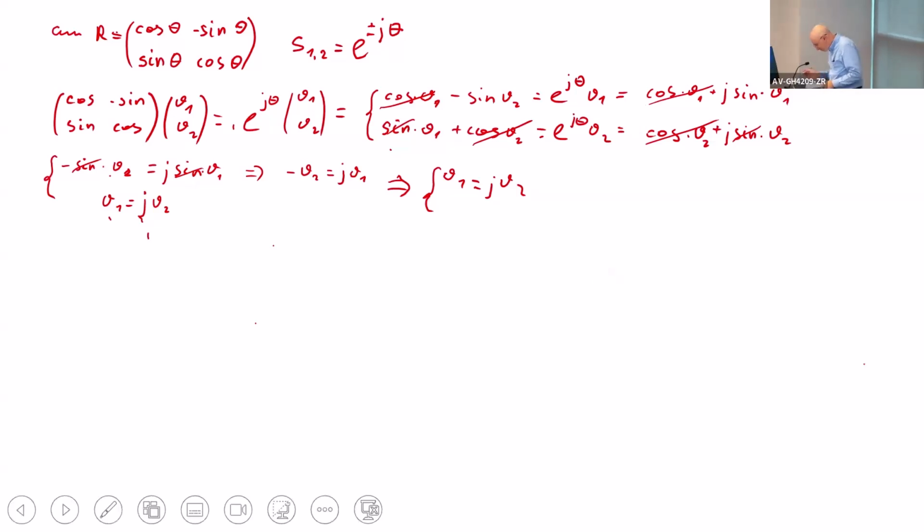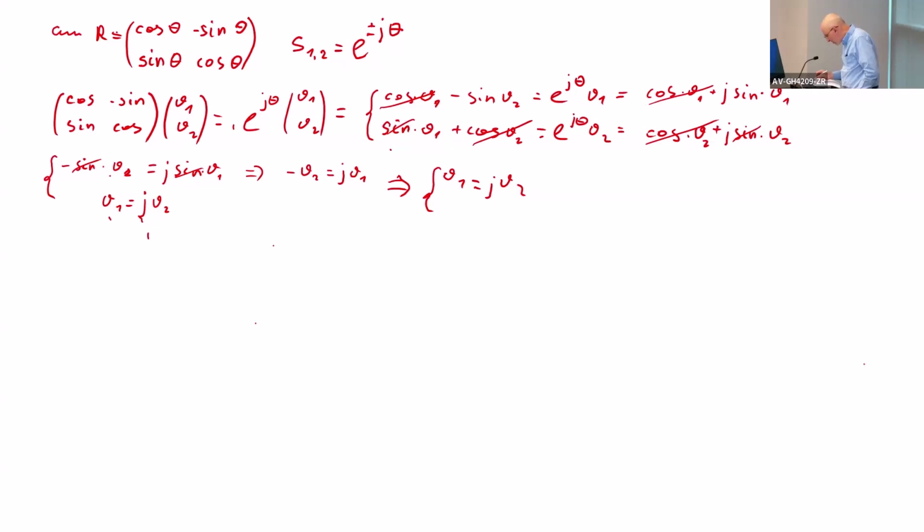We're used to writing on the board. This is the first time I'm using a tablet with a pen, so it's difficult to follow. So let me see what we get here. v1 equals j v2, so this is correct, and from here we get vector v1.